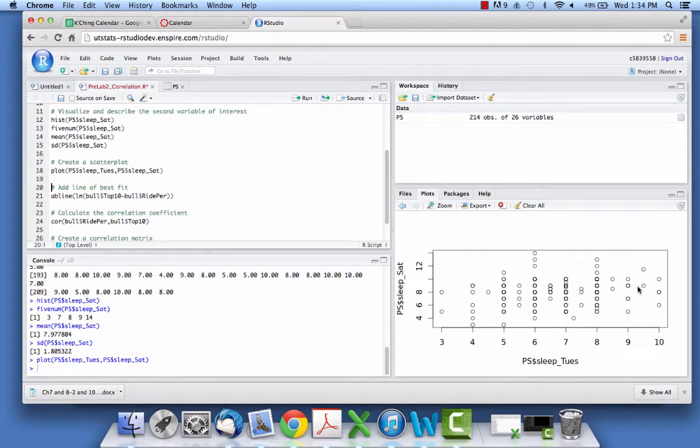Hopefully these are more related than it sort of appears. We have several that are doubled up. The reason for the vertical lines and the horizontal lines is that everything was reported in whole numbers, so they had them round to the nearest hour in both cases. When it's dark, that means there are multiples. Okay, so now what we're going to do here is add a line of best fit.